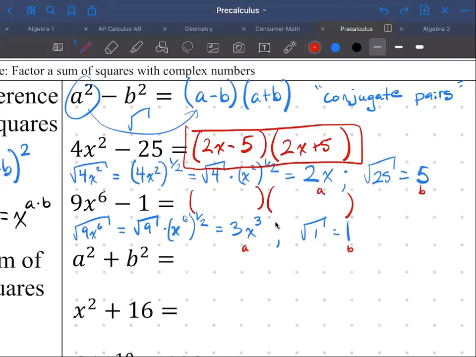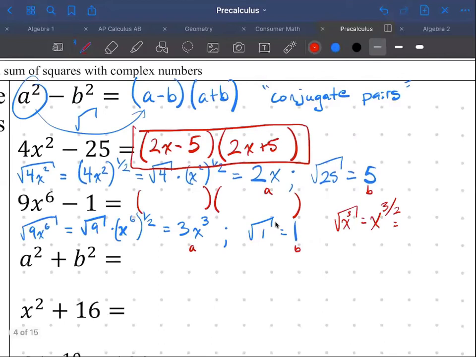Okay, but then what would happen if the original problem was like 9x cubed minus 1? How do you take the square root of x cubed? The answer is x to the 3/2, or you can say this is x to the 1.5. Those are kind of gross problems, so Khan Academy won't do that, but that is mathematically what you would do.